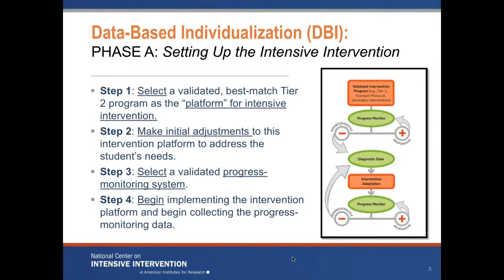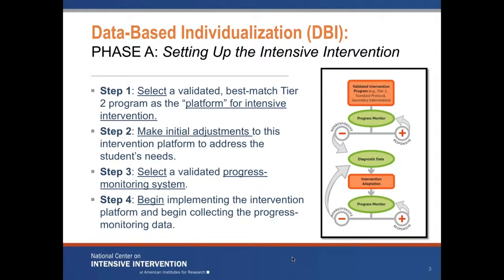These students are those for whom something more intense than a validated Tier 2 intervention will be necessary. So in the setup phase, we select the best available with the knowledge that adjustments are probably, definitely going to need to be made. We might even want to make some adjustments at the onset to make the intervention more intensive right from the go.